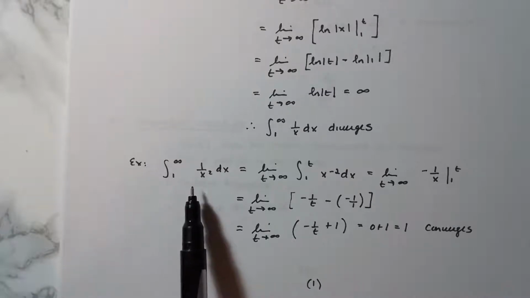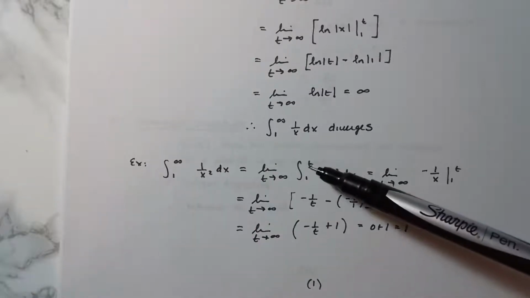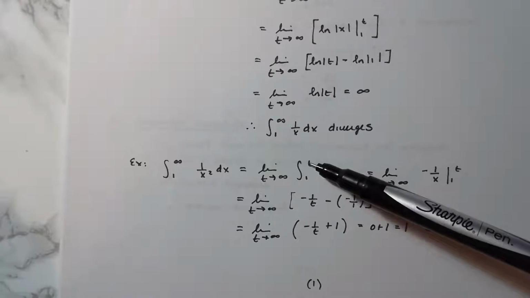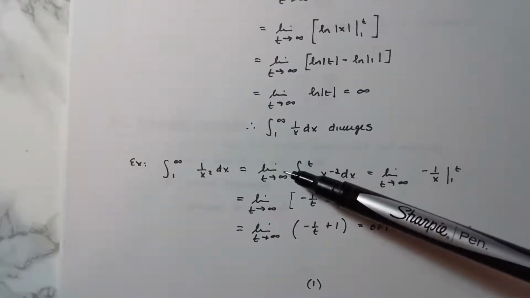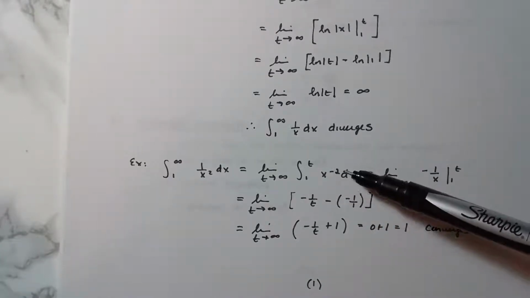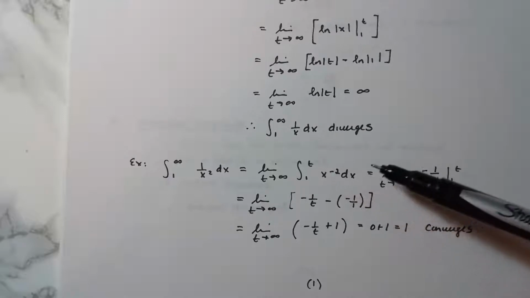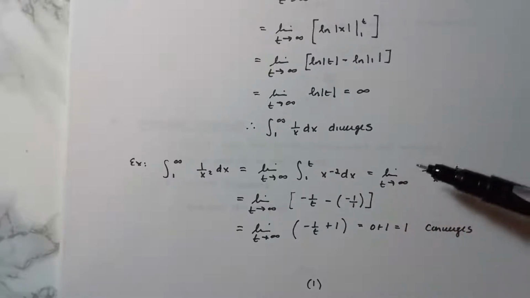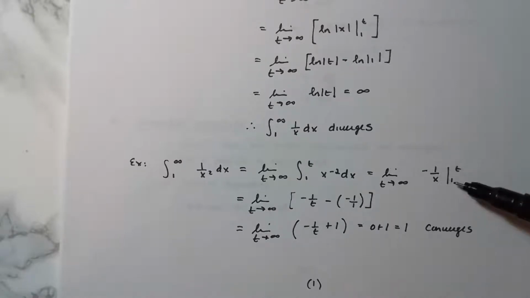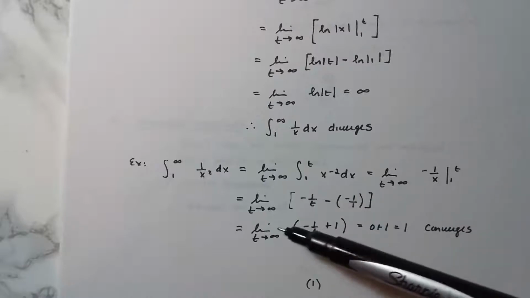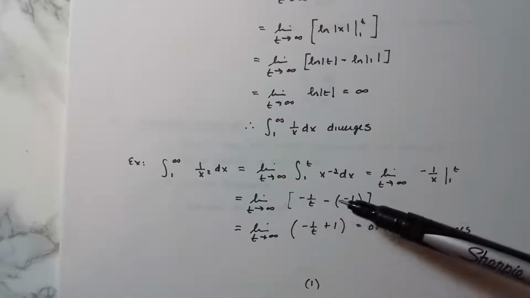Again, we're going to do the same thing. We're going to replace that infinite upper bound with t and take the limit of that integral. I'm writing this as x to the minus 2 so I can integrate it easily. What we get when we integrate is negative 1 over x, and we have to evaluate that from 1 to t. So again, I've got my limit symbol there.